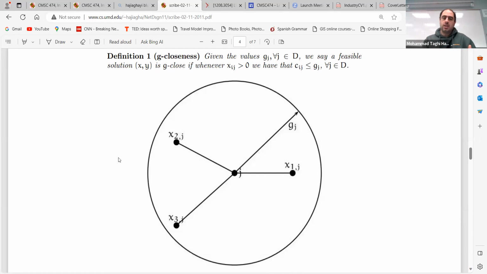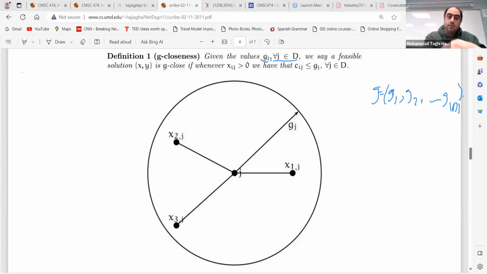So this concept of g-closeness, we need to define. What is the meaning of g-closeness? You are given a value gj for any client j. So essentially g here is a vector g1, g2, to gn.